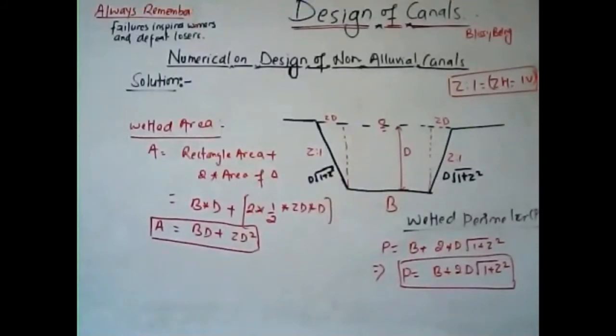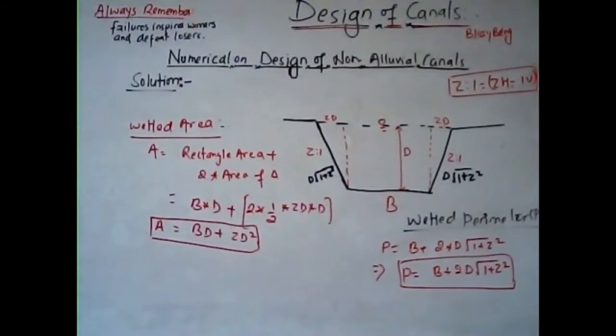So friends, for the trapezoidal section as shown in the figure, the wetted area can be determined as shown in the figure. If we take this trapezoidal section, you can see that this area is the sum of the two triangles' area and this rectangle.